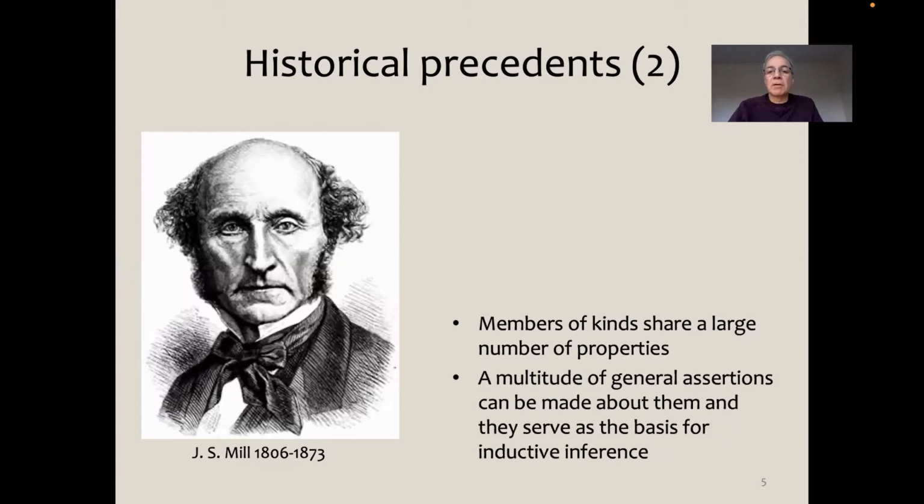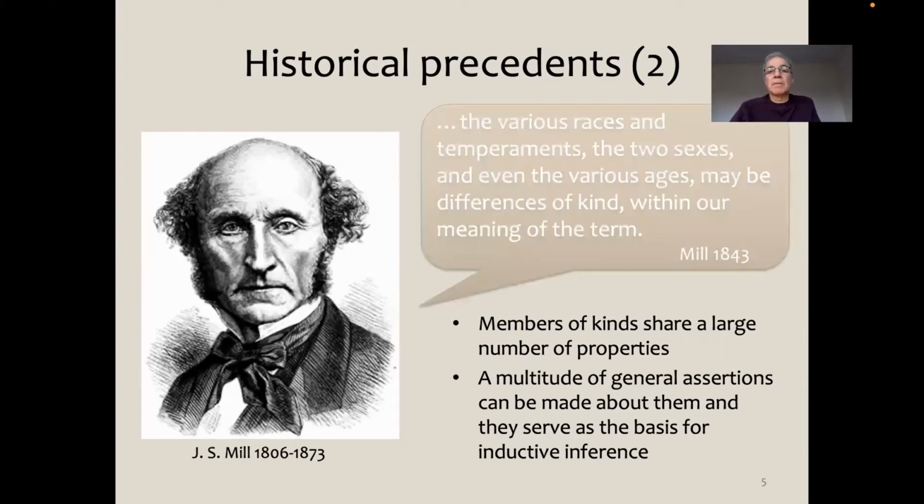And kinds share a large number of properties. And that means that a multitude of general assertions can be made about them, and they serve as the basis for inductive inference. You can now project from certain instances that you've observed that have a certain set of properties that other instances will also share those same properties.